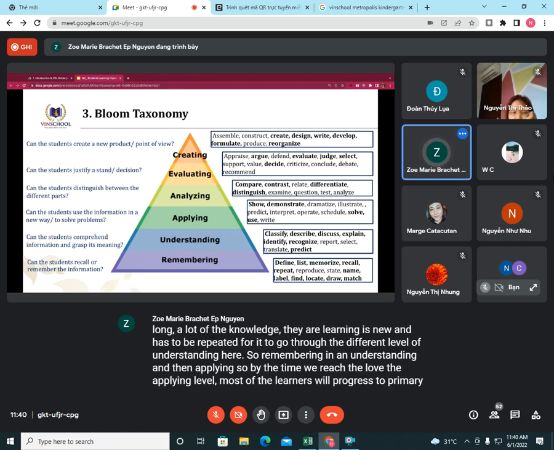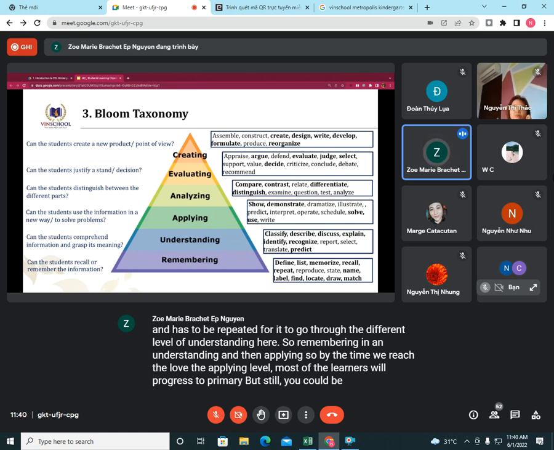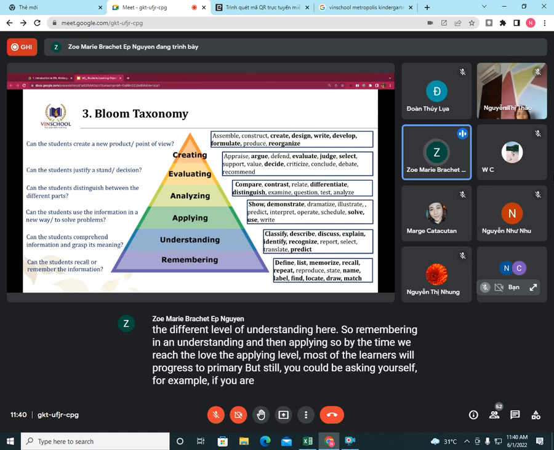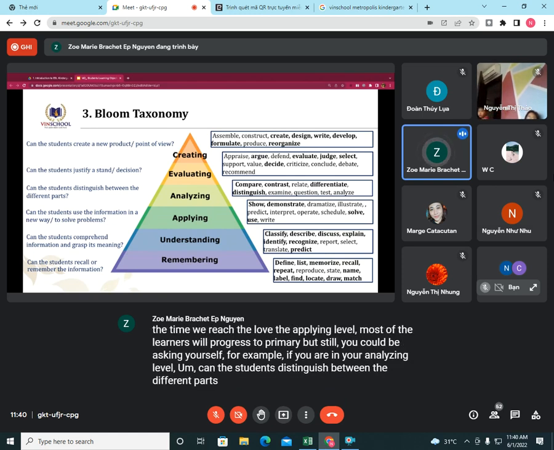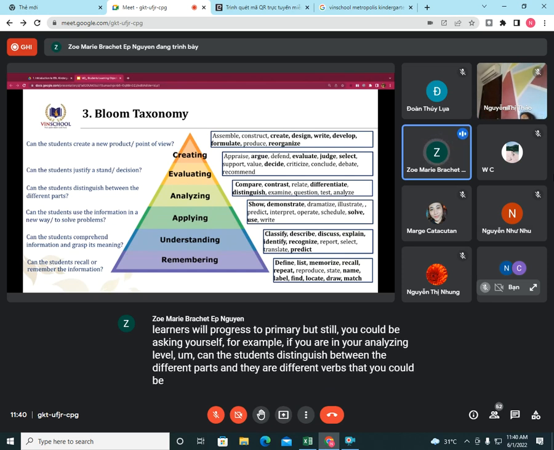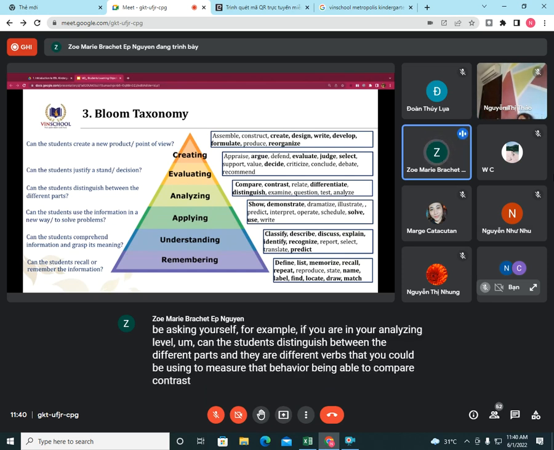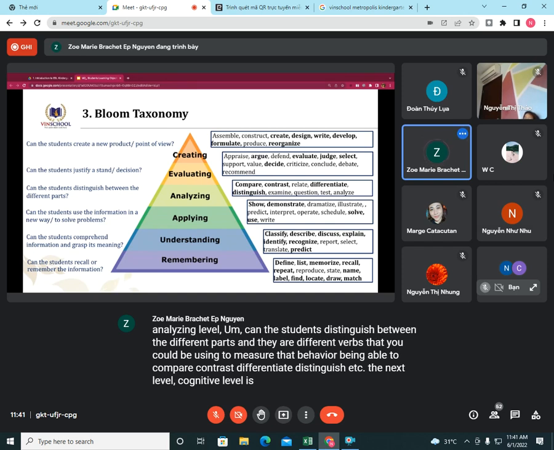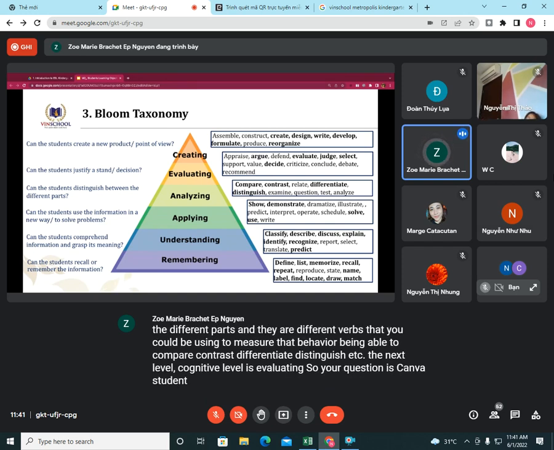But still, you could be asking yourself, for example, if you are in the analyzing level, can the students distinguish between the different parts? And there are different verbs that you could be using to measure that behavior, being able to compare, contrast, differentiate, distinguish, etc. The next cognitive level is evaluating. So your question is, can the student justify a stand or a decision?